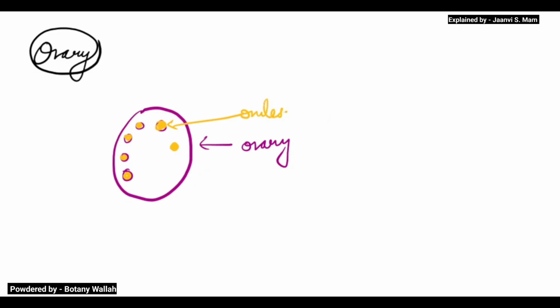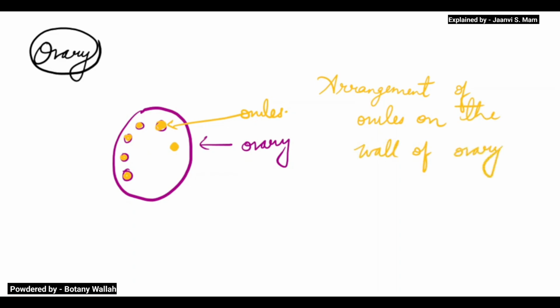The arrangement of ovules on the wall of the ovary, this phenomenon, is known as placentation.